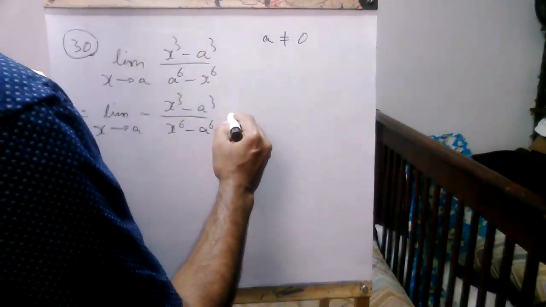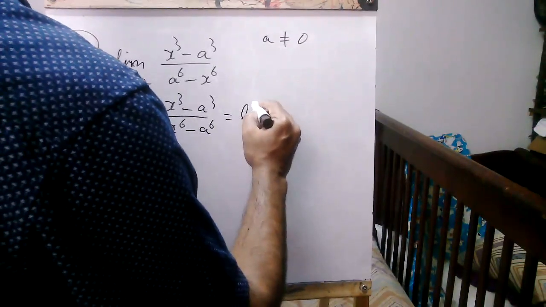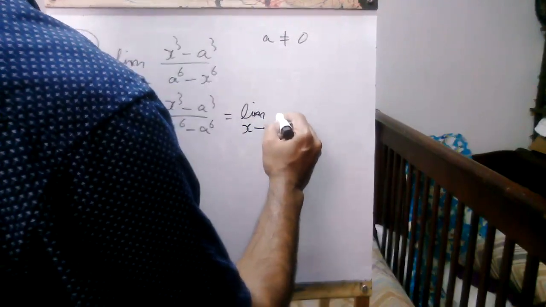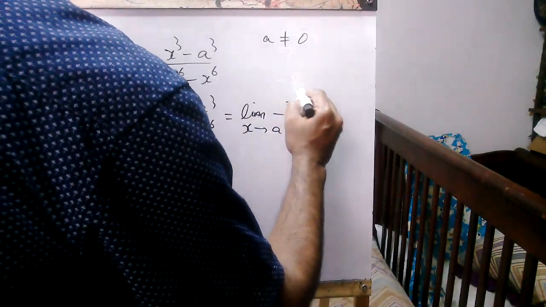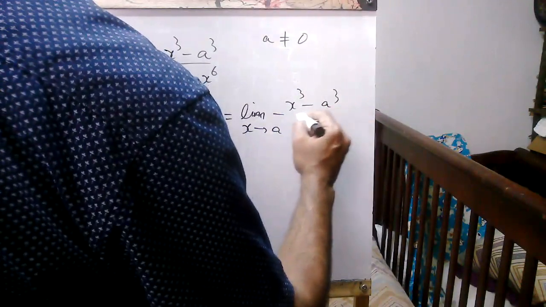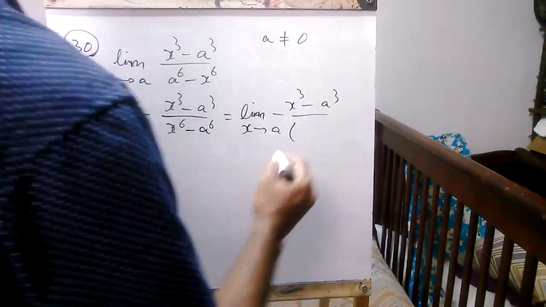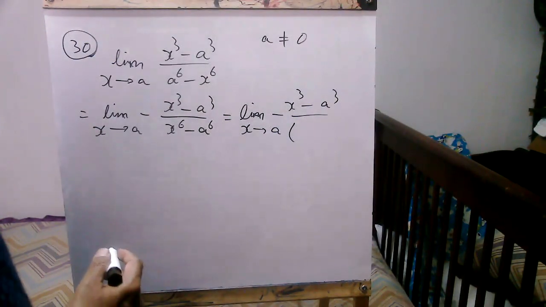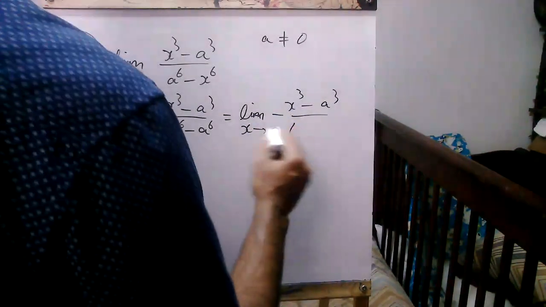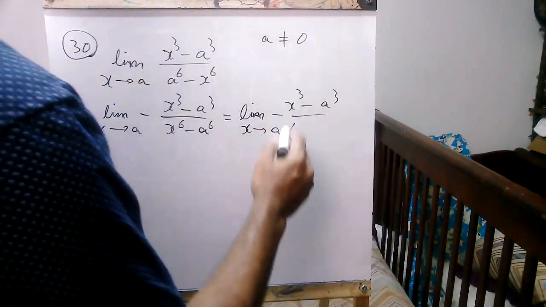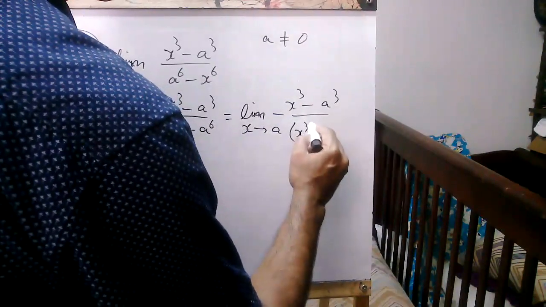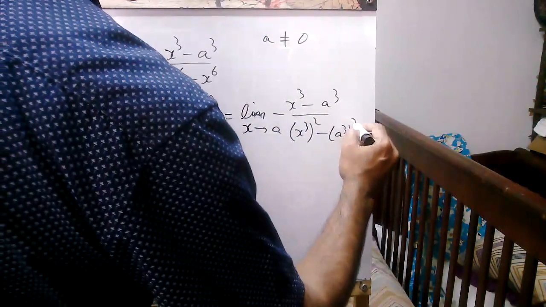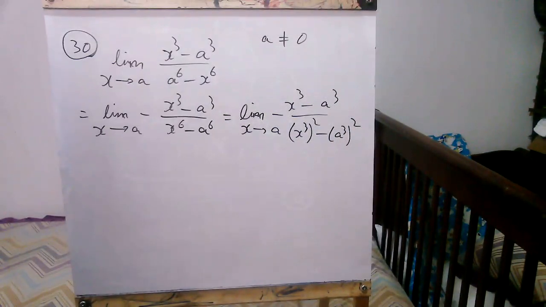Now we can write this as the limit as x approaches a of negative x^3 minus a^3 divided by, we want to make x^3 here, so (x^3) squared minus (a^3) squared, right?